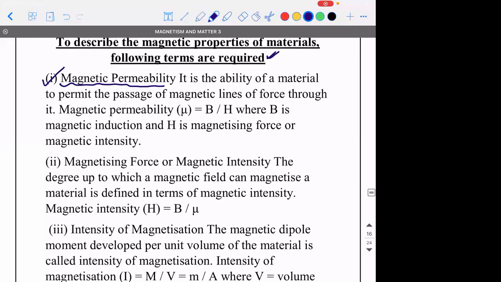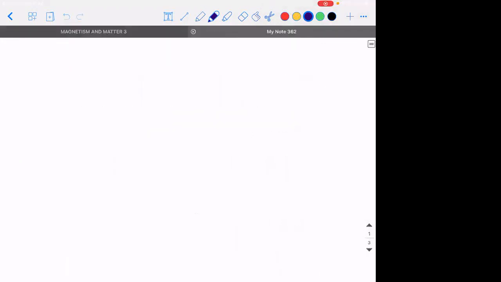See, the first term that you need to know is, please write it down. Here the term is missing. The first term that we need to know is called the magnetic induction. So the name itself is suggesting something. What do you mean by magnetic induction?